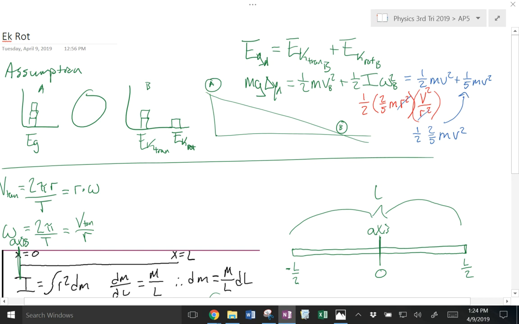Percentage-wise, what proportion of the energy is stored in the rotation? 5/10 plus 2/10, that's 7/10, and then that's 30%. So about 30% is stored in the rotation based on that shape. That's what 2/10 of 7/10 is going to represent.